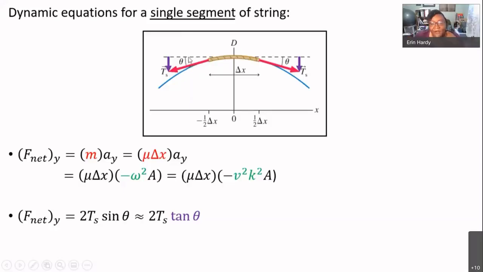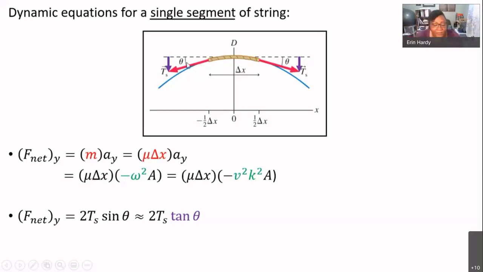I can measure an angle between this tension vector and the horizontal, and use that to decompose that red vector into purple components. So I've got two tension components that point toward the negative y axis: T_S times the sine of theta on the left, and T_S times the sine of theta on the right. So 2 T_S sine theta.